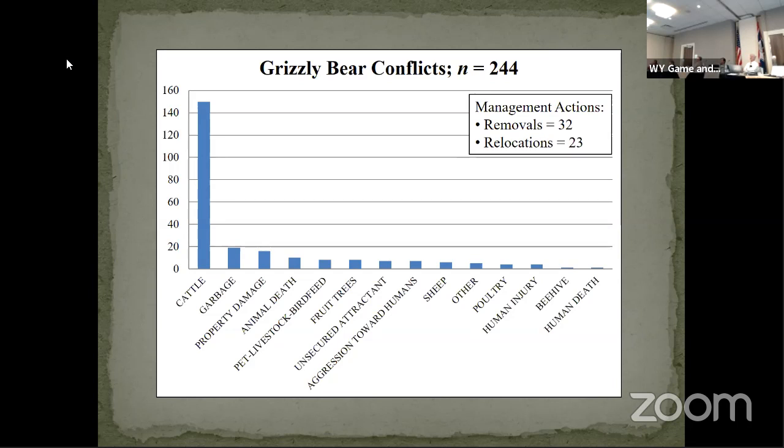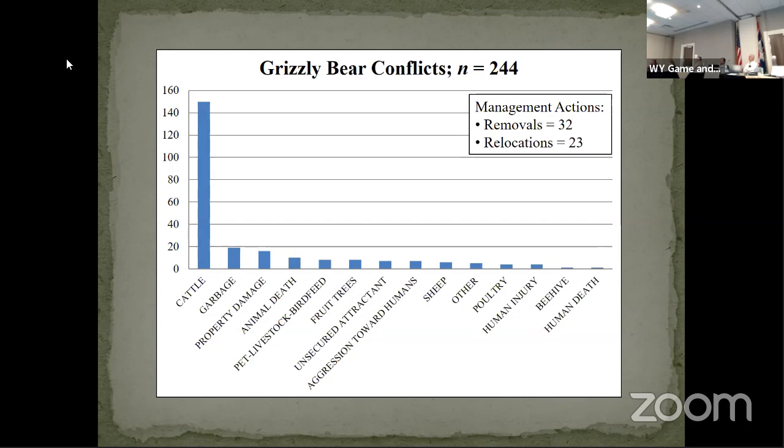We did have an extremely unfortunate incident where a man was killed by a grizzly bear this year and another man was injured in the same incident. So that, of course, is tragic, and we never like to have that show up. We have a lot of removals this year.